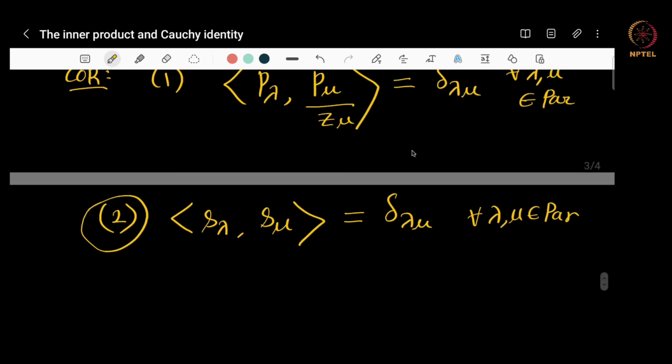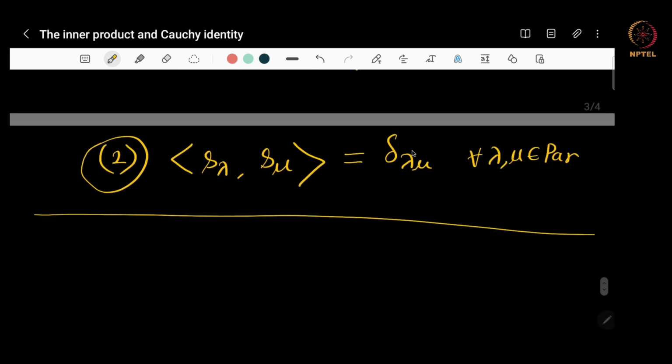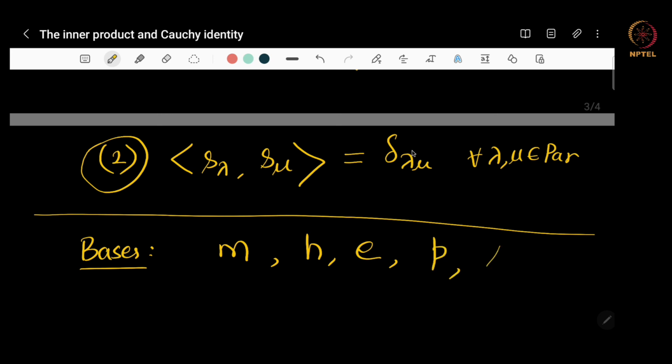Just to summarize what we have so far, we have a set of bases for the ring of symmetric functions: the monomials, the H's, the E's, and we talked about the power sums and then the Schur functions. We talked about the involution omega. The involution has the following nice property: it interchanges H with E. It maps P to itself with a sign.